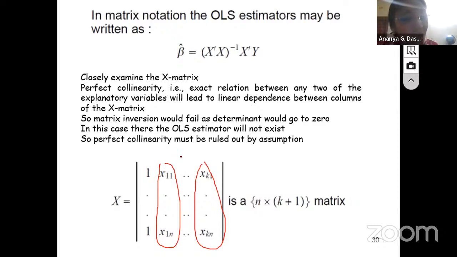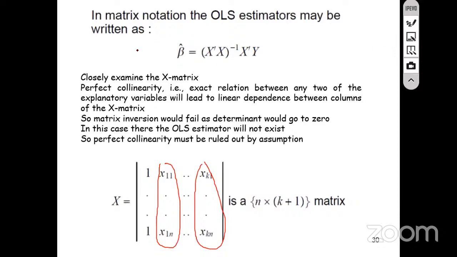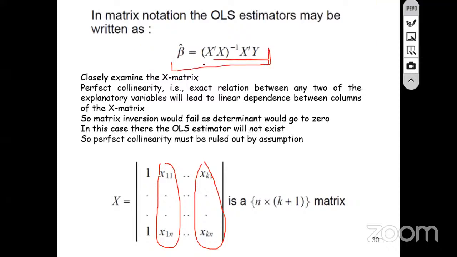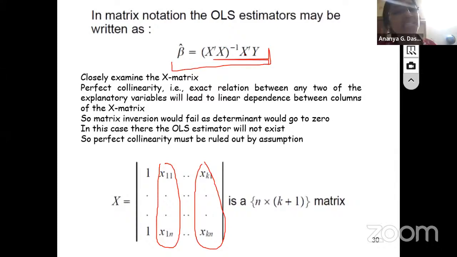So two columns of your X matrix are going to become linearly dependent. Now, why would that be a problem? That will be a huge problem because the solution to my beta hat in matrix notation is beta hat equals (X prime X) inverse into X prime Y, where X is my X matrix, and I'll have to be able to invert it.